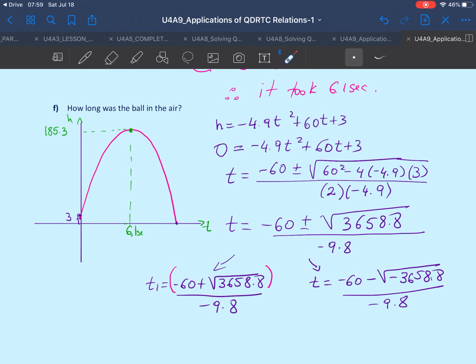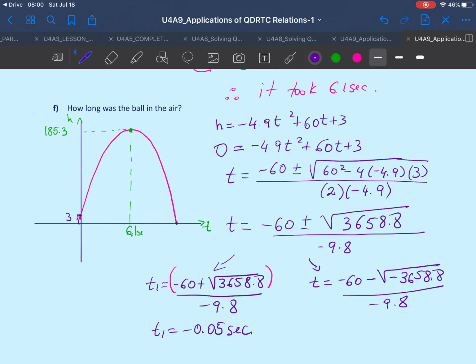So here we go again. Negative 60 plus the root of 3658.8 divided by negative 9.8. So that's negative 0.05 actually. So negative 0.05 seconds.